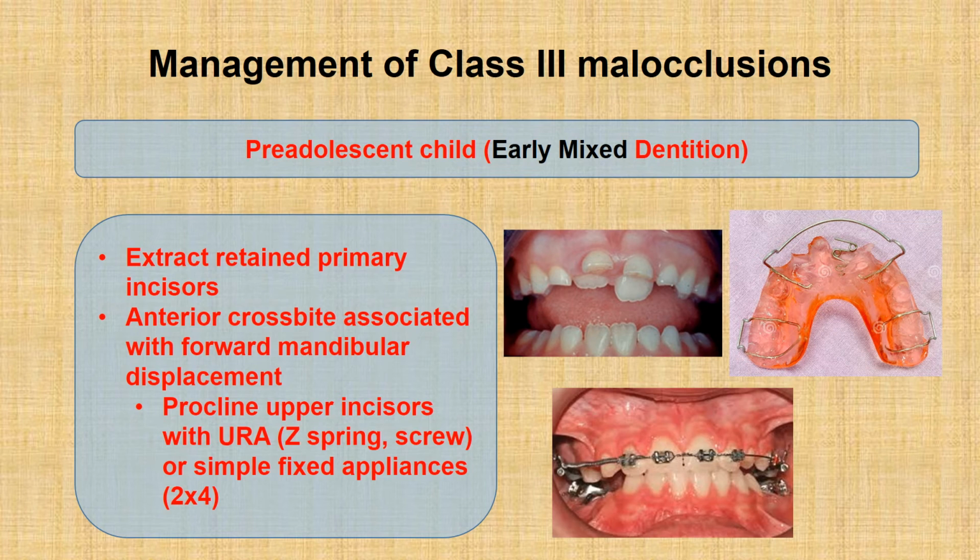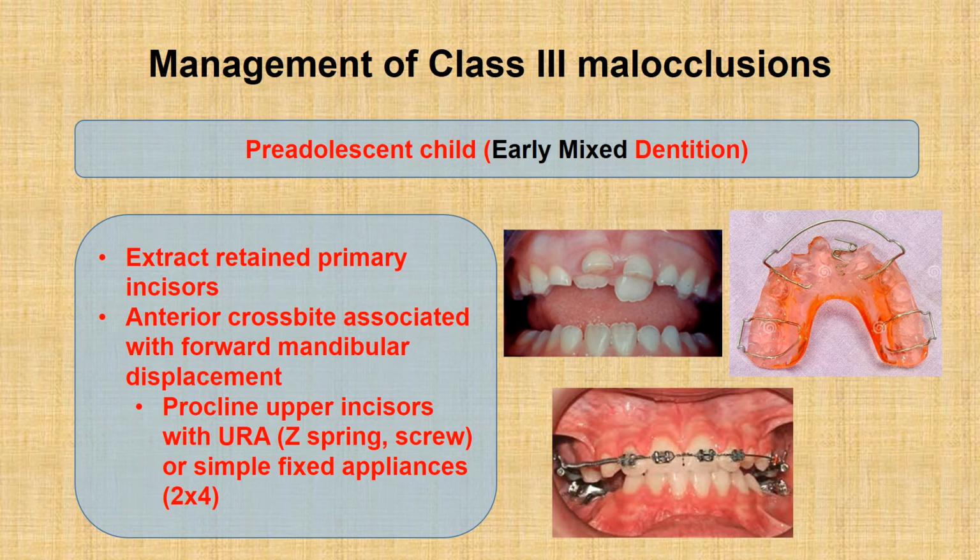Any anterior crossbite associated with forward mandibular displacement should be corrected early to avoid a pseudo class 3 becoming a true class 3 malocclusion.